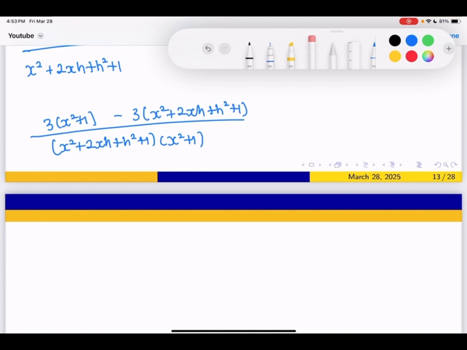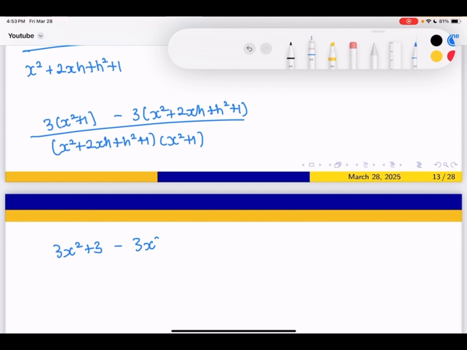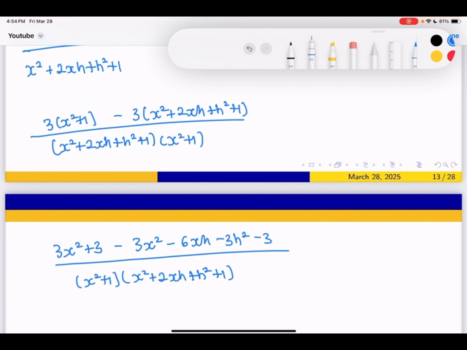So now let's add these two functions by finding the LCM and simplifying. This will be simplified to 3x squared plus 3 minus 3x squared minus 6xh minus 3h squared minus 3, all divided by the denominator.